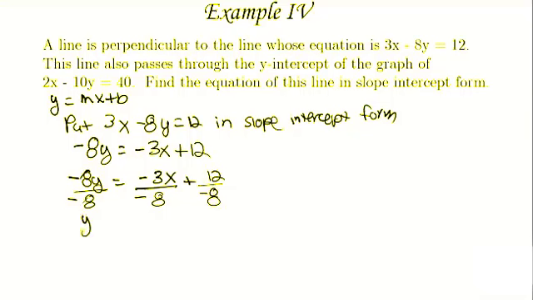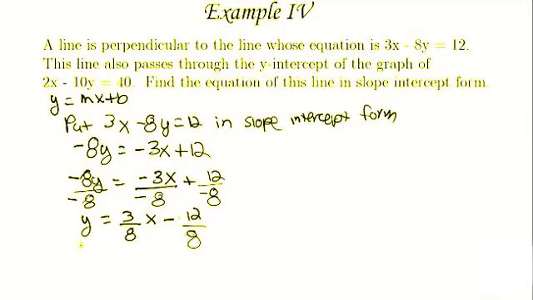These two cancel out, so now I have y equals 3/8 x plus 12 over negative 8, or we could simply say minus 12 over 8.